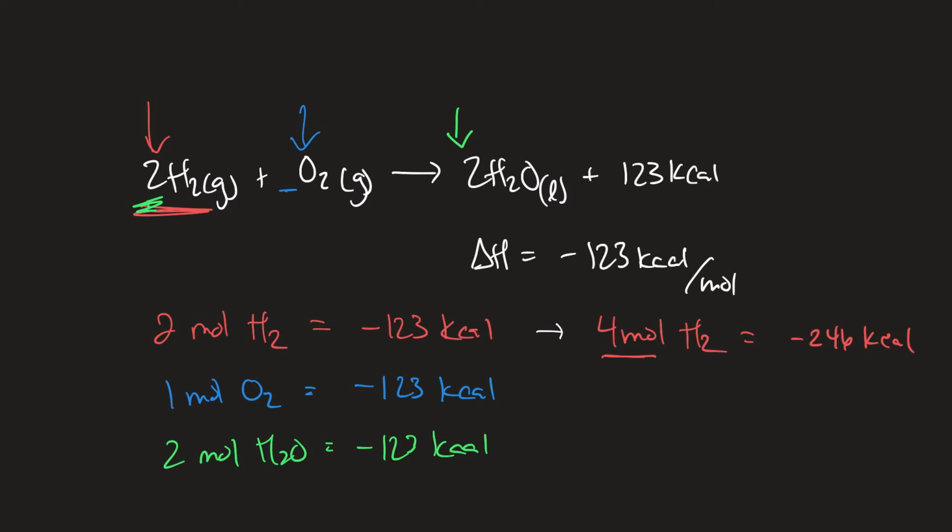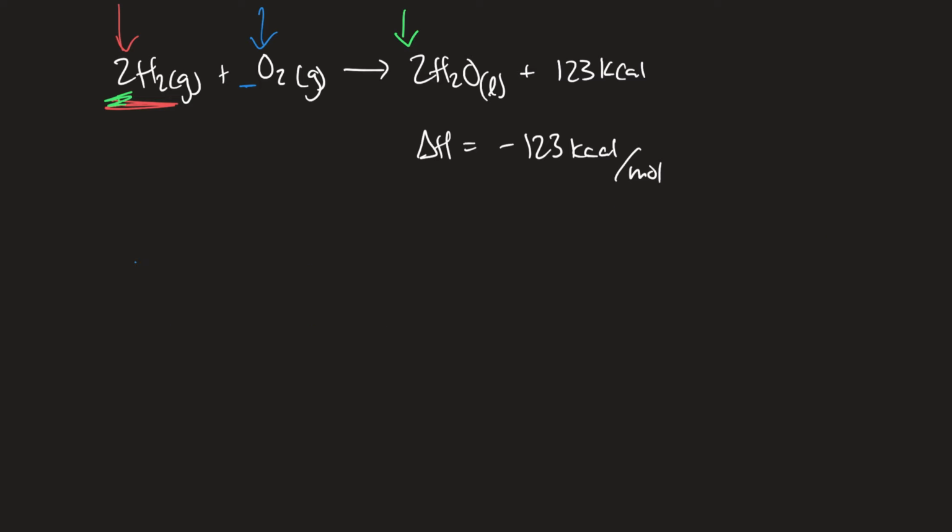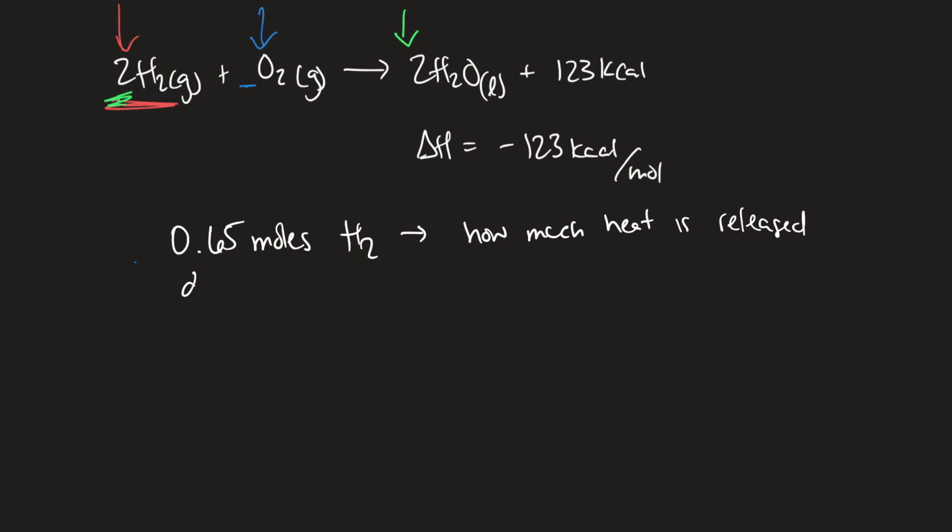For this particular reaction, and I'm going to erase this here, let's say that you start off with 0.65 moles of H2, and what you're trying to figure out is how much heat is released during this reaction.